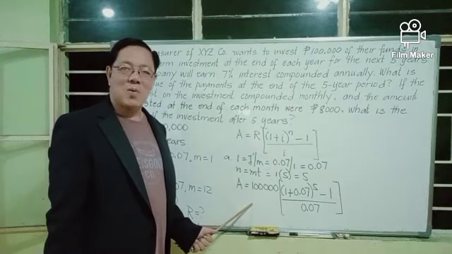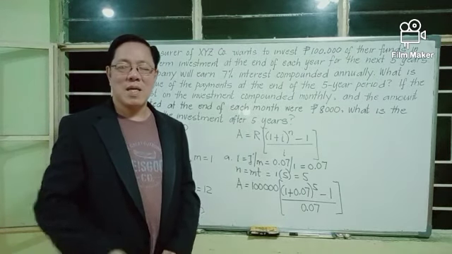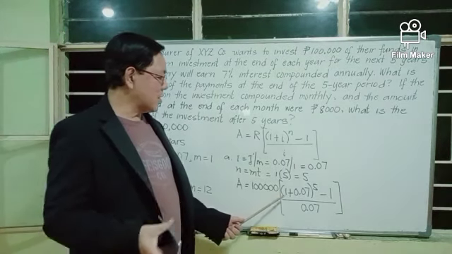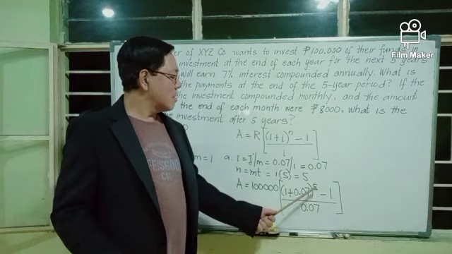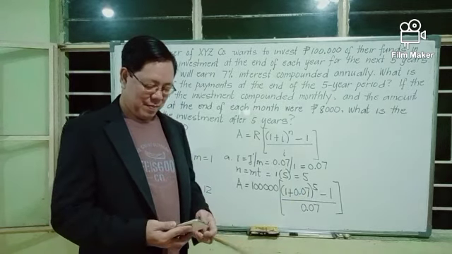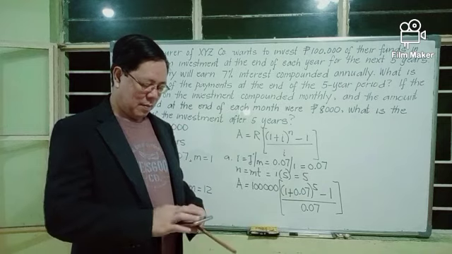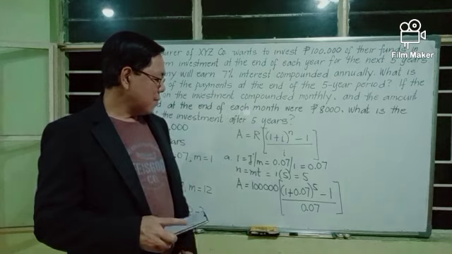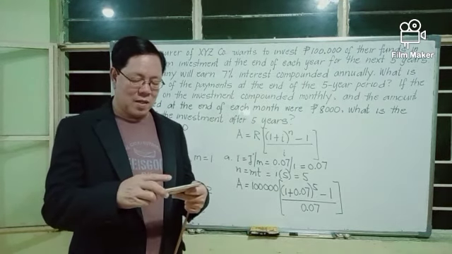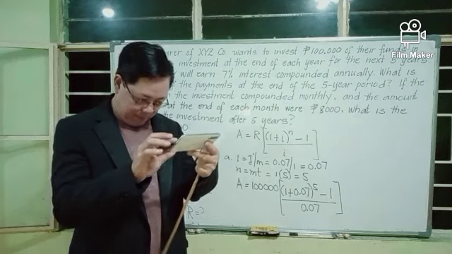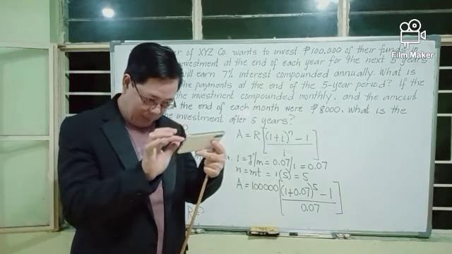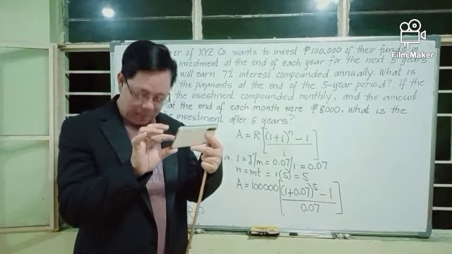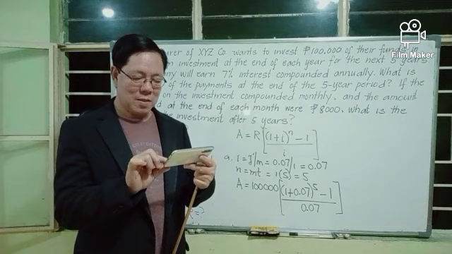And we calculate the value of A using our scientific calculator. You start with 1 plus 0.07, that's 1.07, raised to the power 5, and you press equal in your calculator.